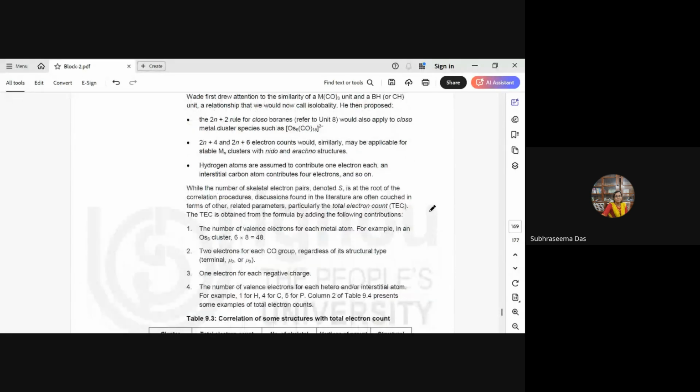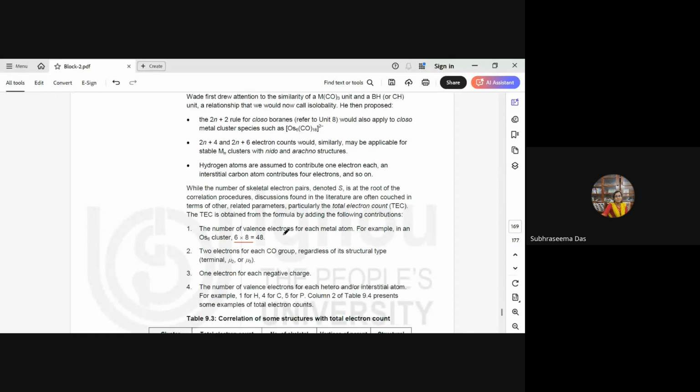While the number of skeletal electron pairs is at the root of the correlation procedures, the total electron count has to be known first. This TEC, the total electron count, can be calculated from the following contributions. For an osmium 6 cluster, the total number of valence shell electrons is 6 into 8, since we always consider the valence shell electrons.